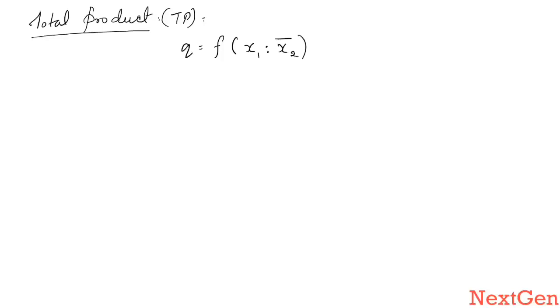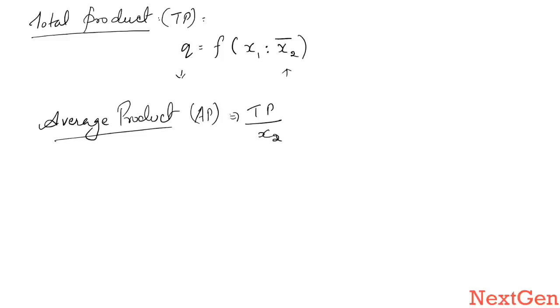So in total product, the value of output is decided by changing the value of only one of the inputs while keeping all other inputs constant. This relationship between the output and the variable input, keeping all other inputs constant, is known as the total product.